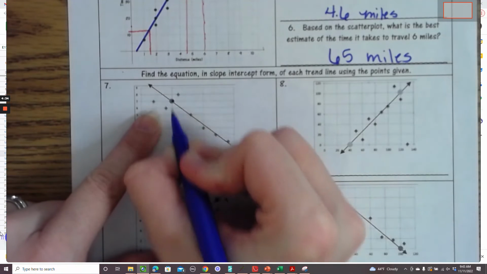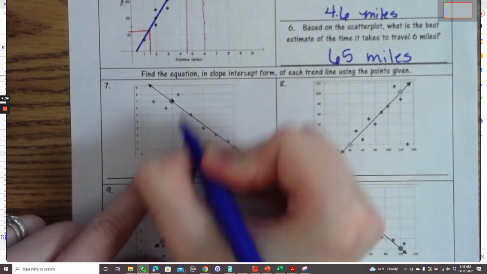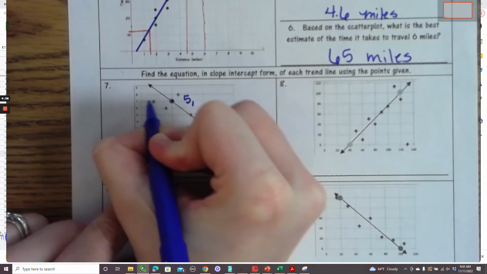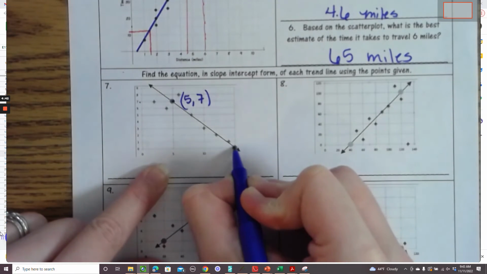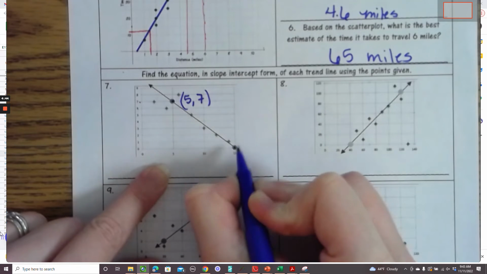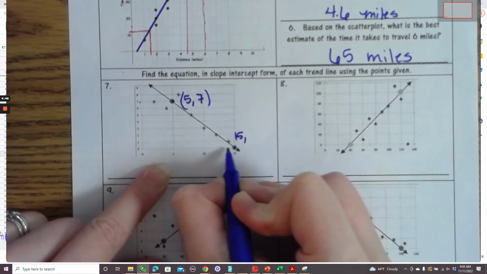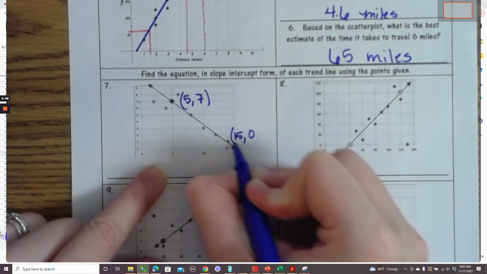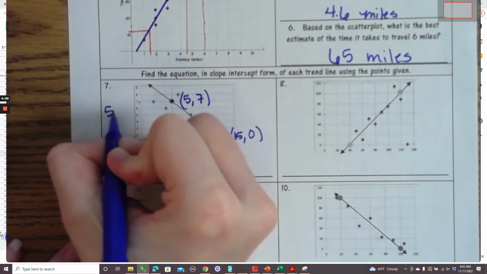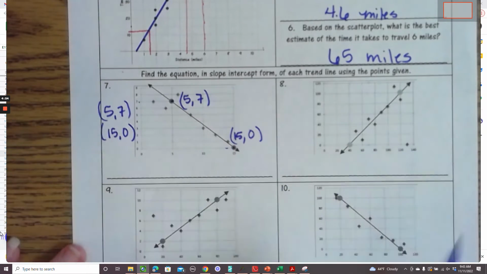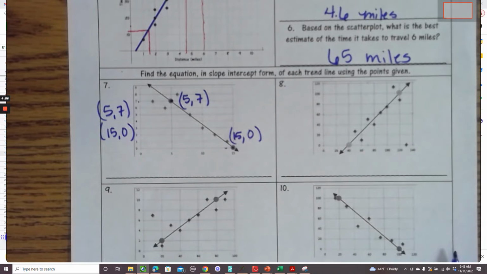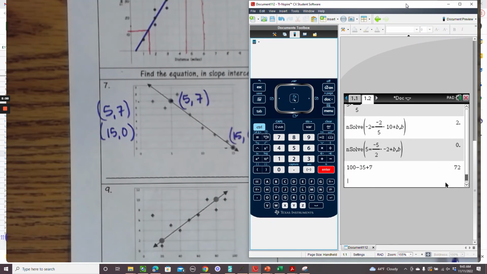This point here, its x is a 5 and its y is a 7. There's 1 point. And then here's my other point. Its x is a 15 and its y is a 0. If I've got 2 points, I can do linear regression. That's all you've got to do, name the points and then do linear regression.